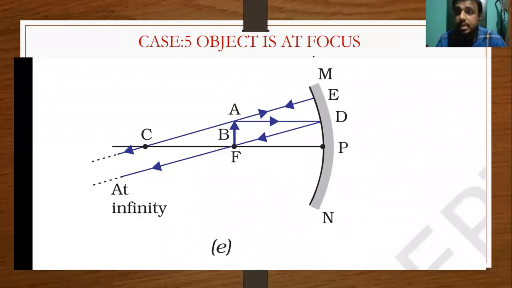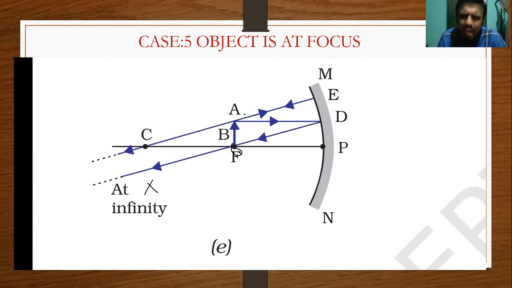Case 5, when the object is at focus. Here you can see the object AB. One ray passes as usual from A parallel to the principal axis, so it passes through the point F, the principal focus, and goes in the direction DX.